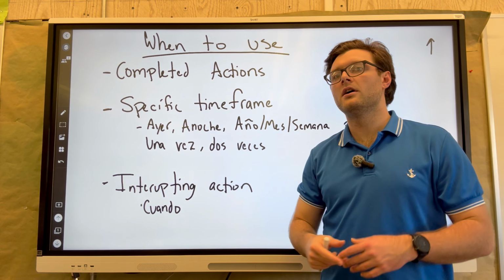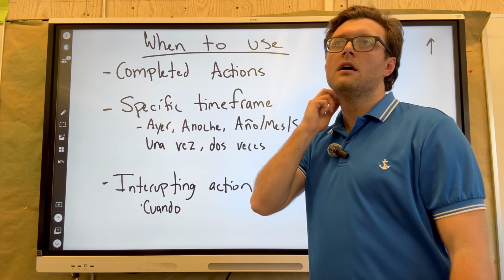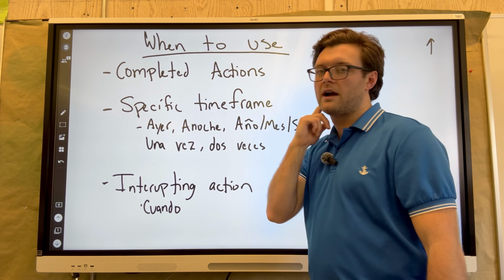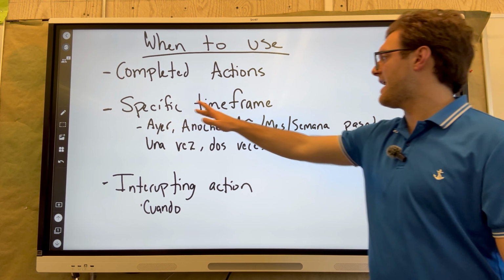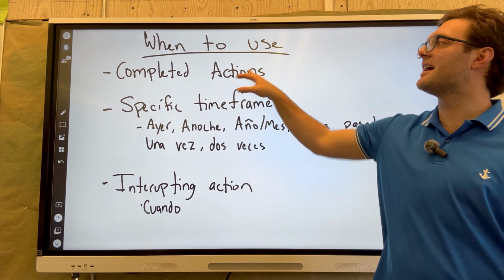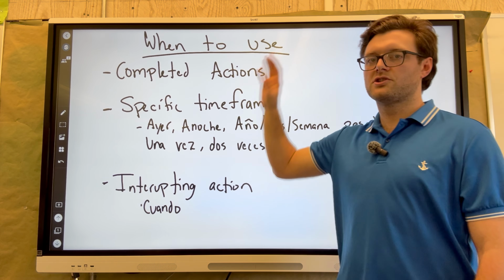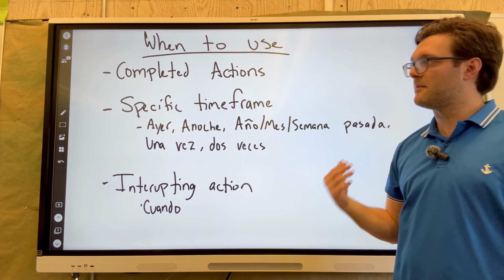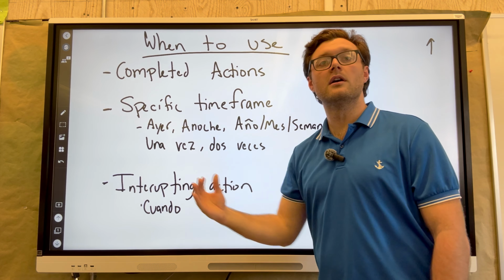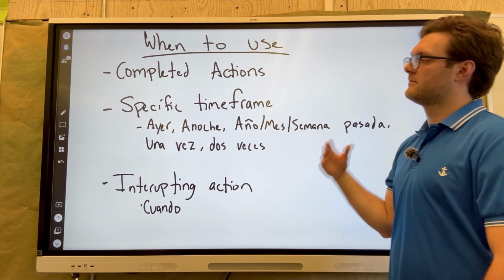It's one and done. Salté en la playa el jueves. I jumped on the beach Thursday. So when we have here the specific time frame, that ties into completed actions. So this thing is one and done. It was done and completed all in the past. So those will be preterite conjugated verbs.